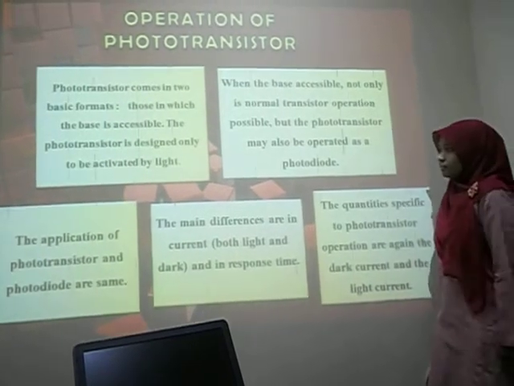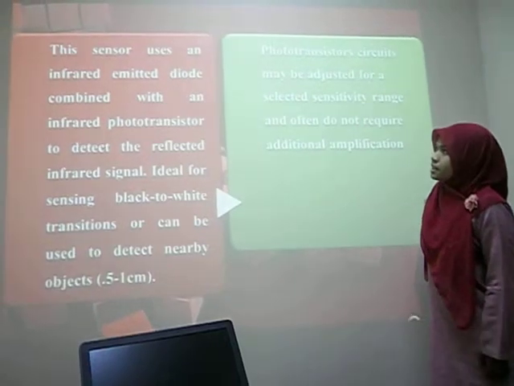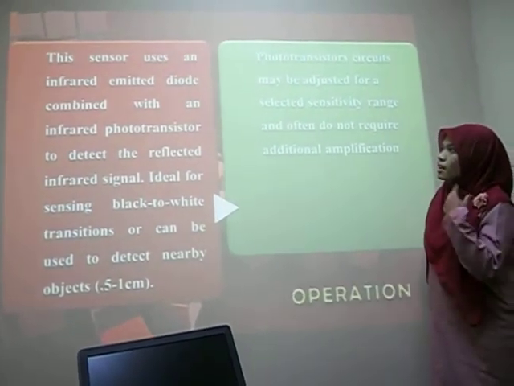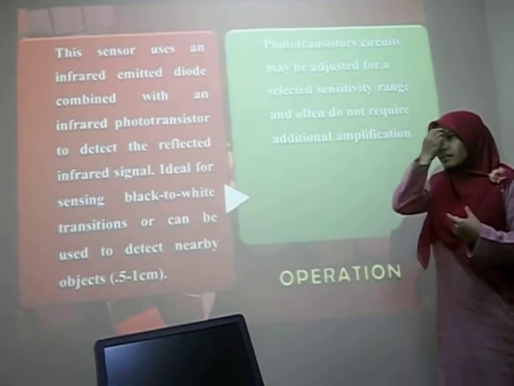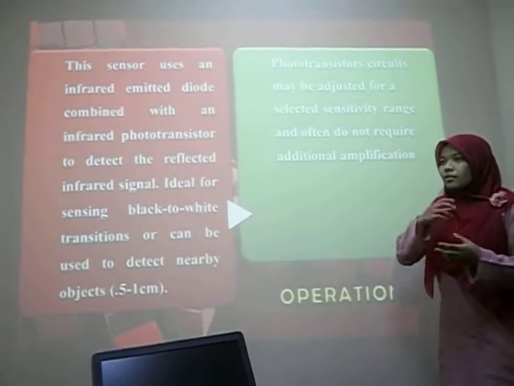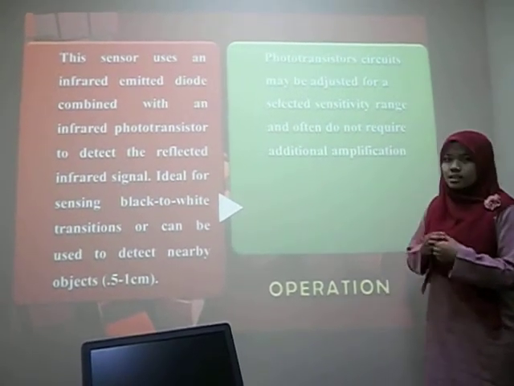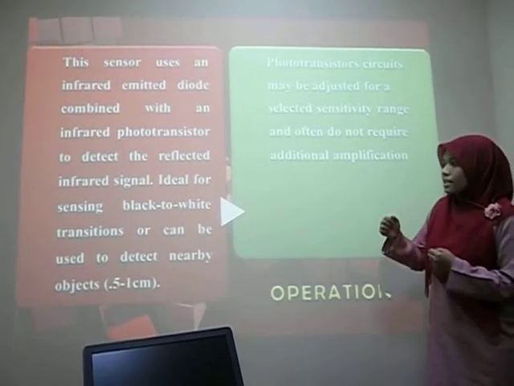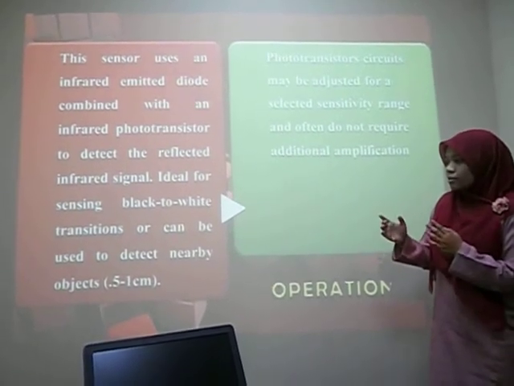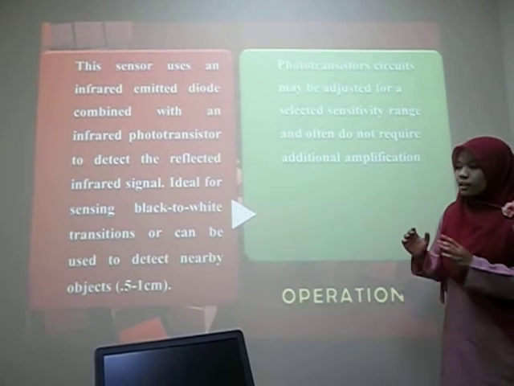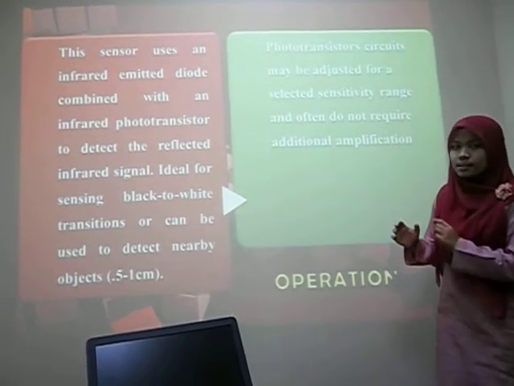Next, the sensor uses an infrared emitting diode, which activates like a sensor and detects the reflected infrared signal. For sensing black to white transitions, it can be used to detect nearby objects. The range is 0.5 to 1 centimeter.